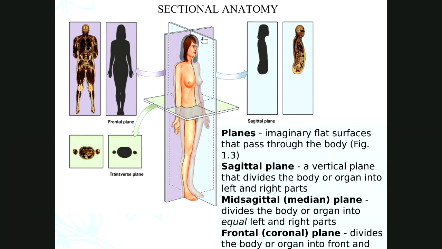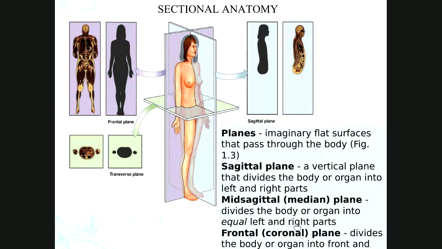So this would be considered a mid-sagittal plane. If we could take a cut dividing the body into right or left side, this is the image we would see. Mid-sagittal plane is exactly equal right and left sides.